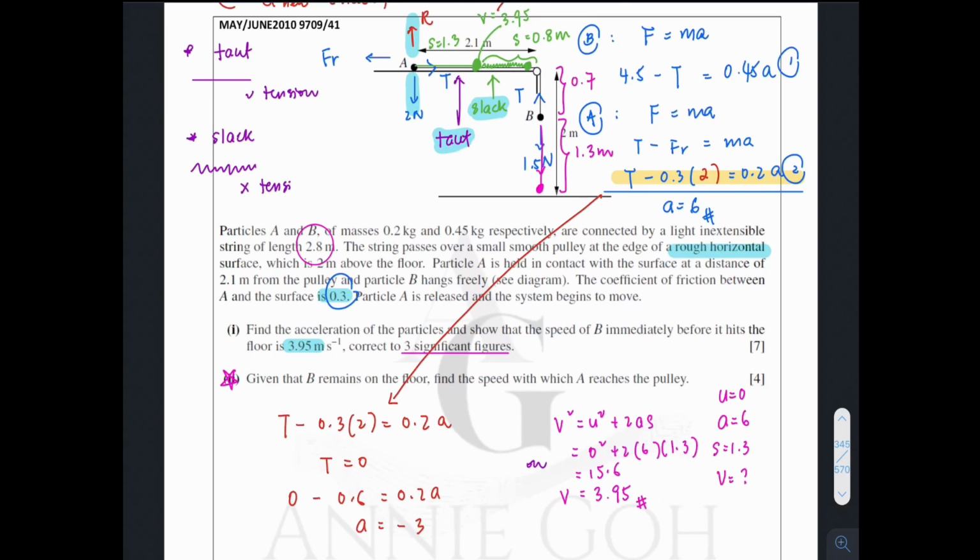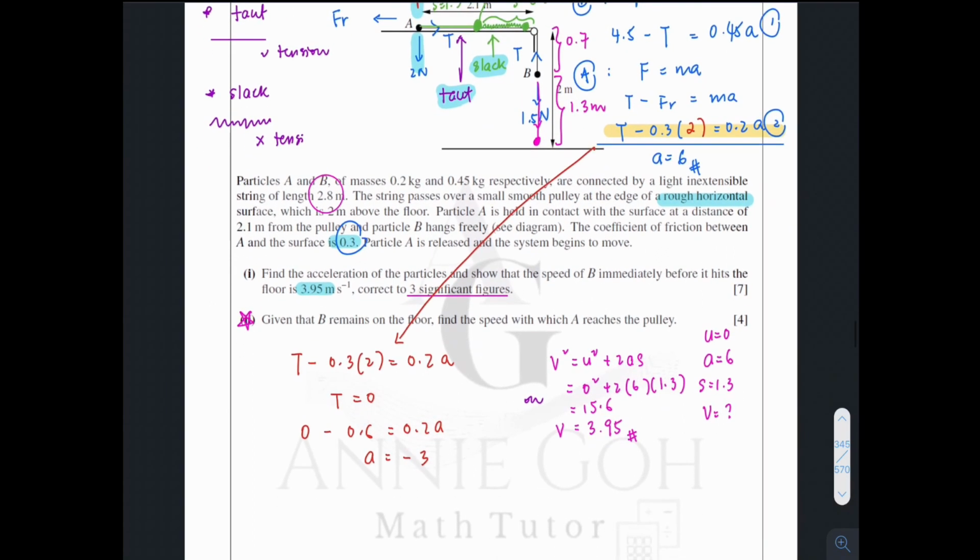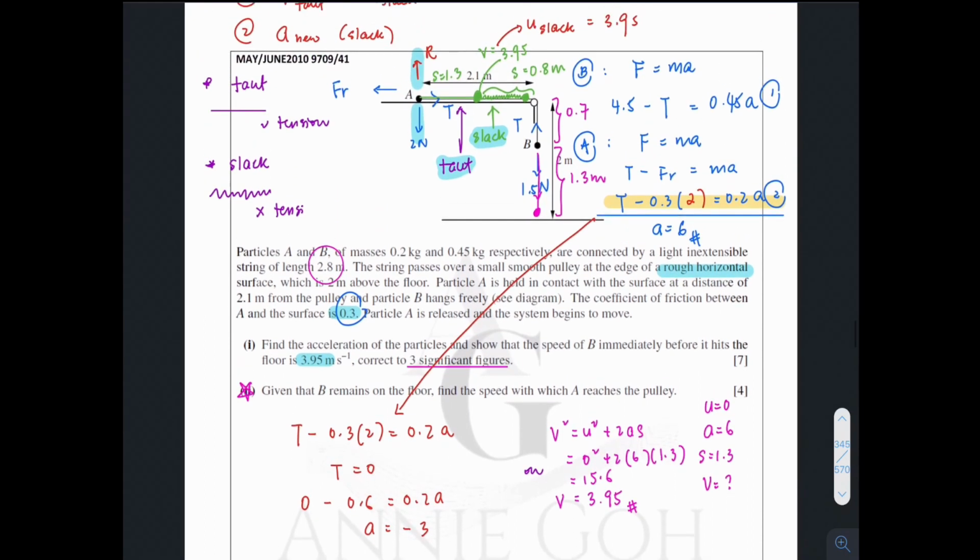Let's make use of the information that we have. According to here, u is 3.95 and the distance traveled is 0.8.